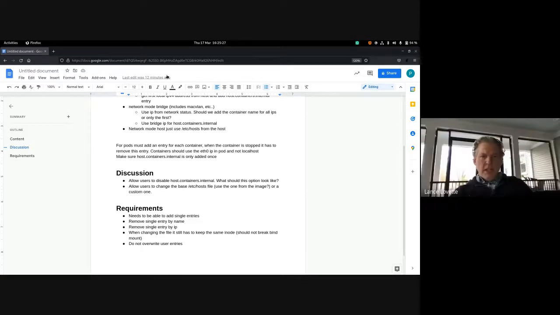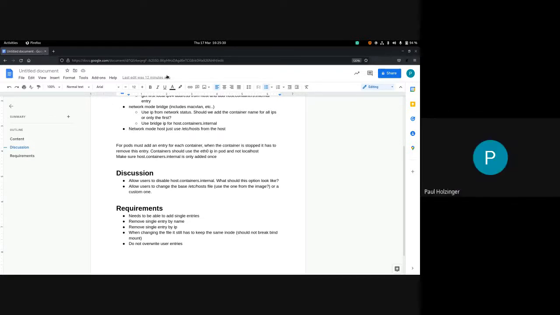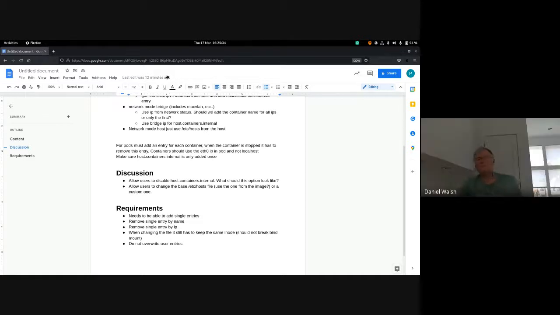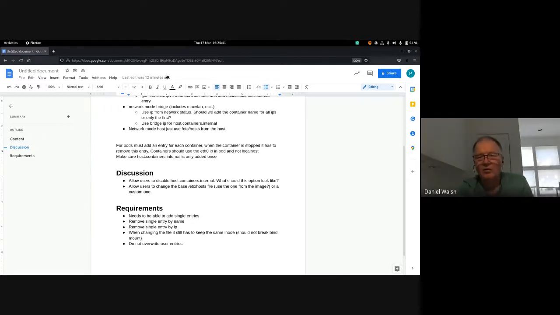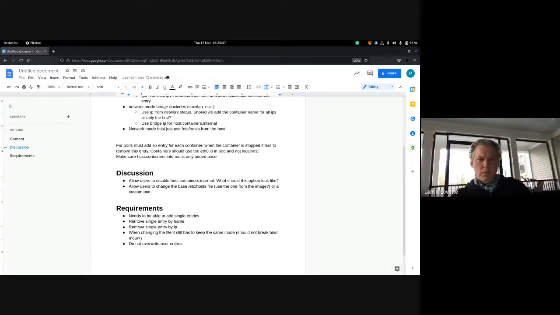I thought somebody said Etsy hosts are shared among all of the containers. It's shared in a pod. It will be shared among all containers in a pod, yeah. But if the containers are unique or in different pods, then they don't share the Etsy host. All right. Well, I will look into that further.